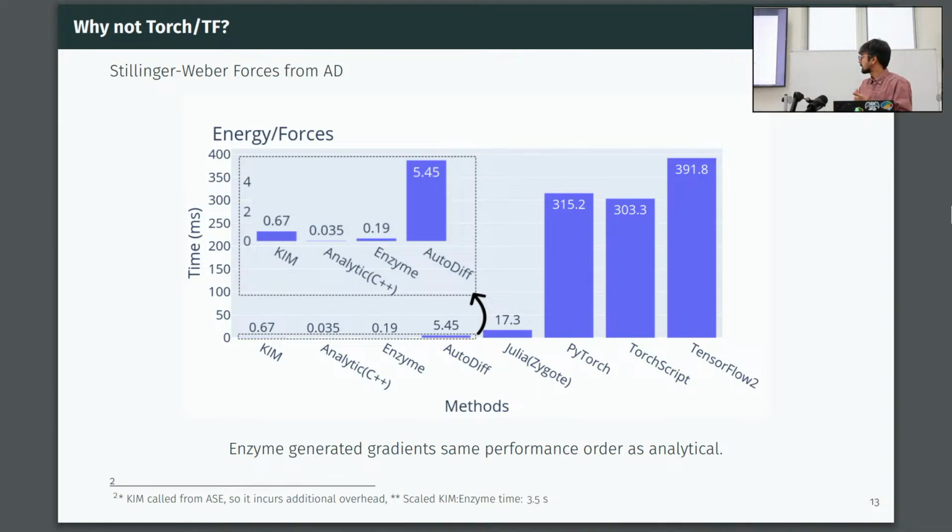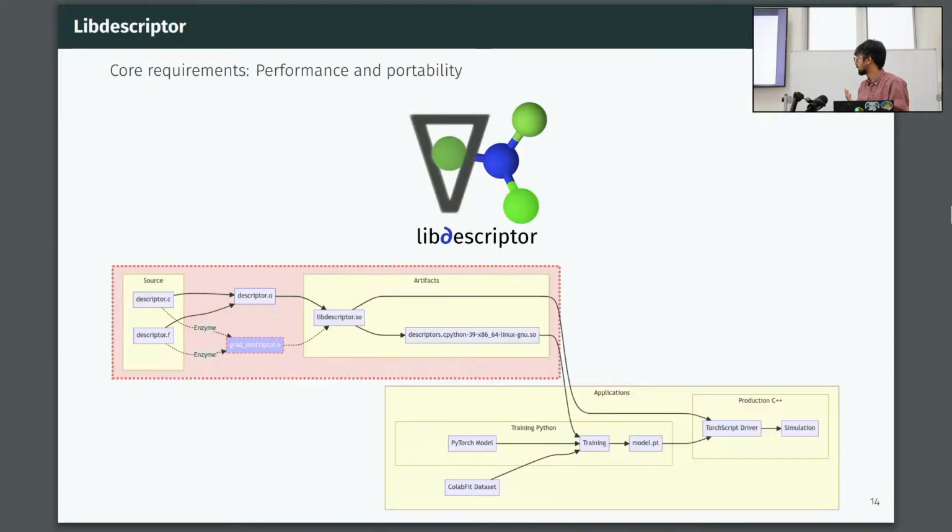So that settled the question that it is most likely the best way forward to use Enzyme to actually generate the gradients. So came the first design preview of our library, which was called DibDescriptor. The idea we had was, okay, there already exist these great libraries such as Describe, etc., and all of them have a C++ background, or maybe Fortran. And Enzyme claims that it can differentiate through everything.